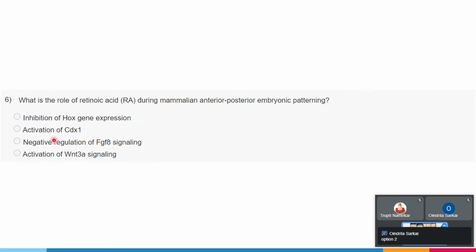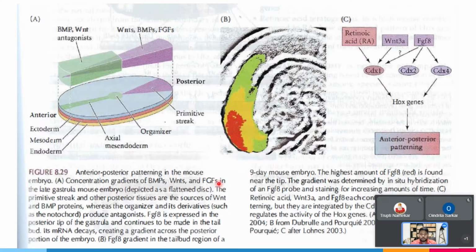Oindrila says the option is number 2, that is activation of CDX1. Does anyone else want to try and answer this? Okay, so let us look into the particular slide and try answering this.